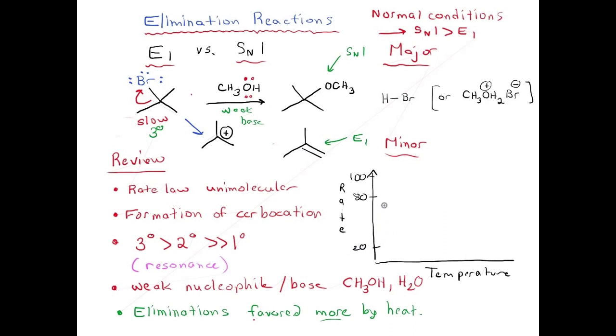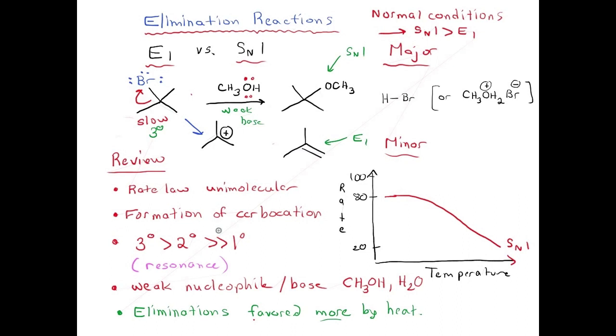But our major product at lower temperature is going to be our SN1 product, and as we increase the temperature, the amount of the SN1 product is going to decrease. Let's draw it like this, so it will be SN1 as we increase temperature.